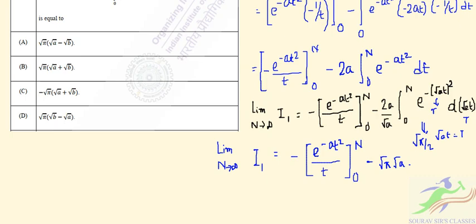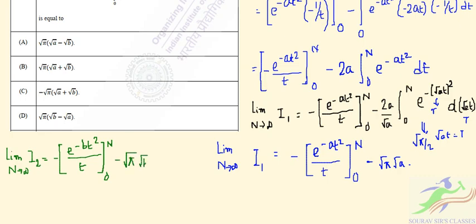Similarly for I2, as the limit n tends to infinity, if we solve for I2, it will be minus e to the power minus b t square by t, from 0 to n, minus root pi root b.